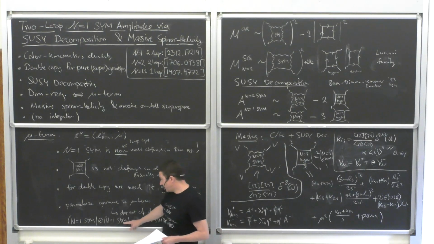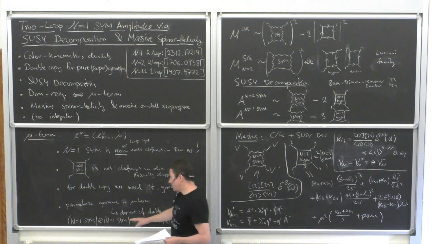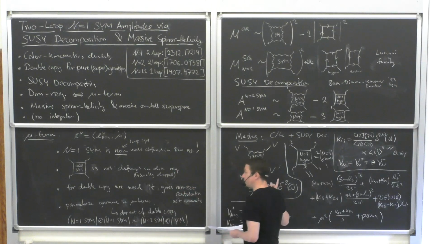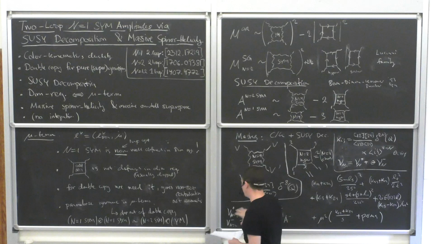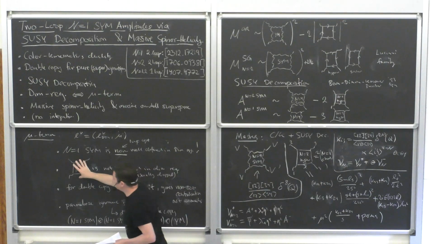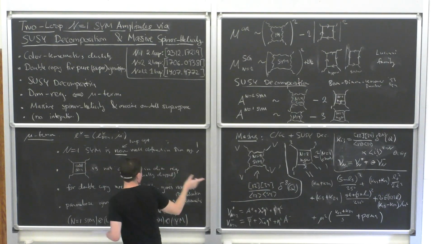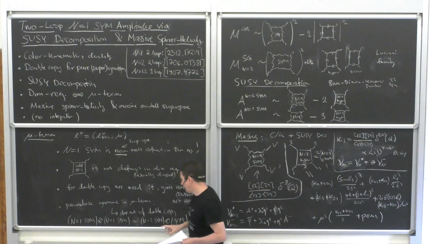And then we can check that that double copy exactly matches what we computed for n equals 1. What we compute for this one and for the even one, it actually works. So everything is consistent.